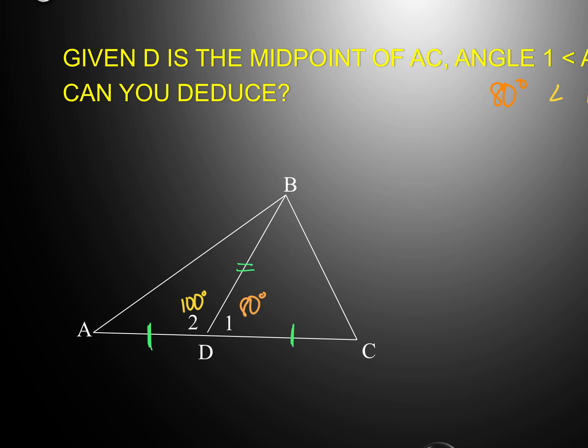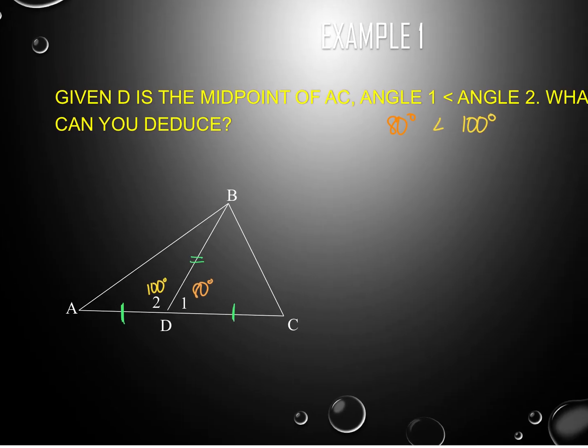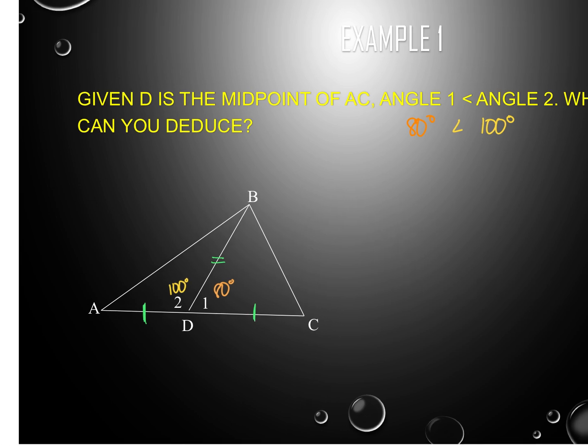So now I need to be able to determine which sides of my triangle are going to be greater or less than. Here is 2 right here, and here is 1. Looking at my opposite sides, which side is bigger?